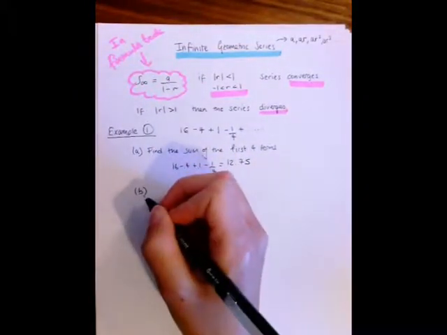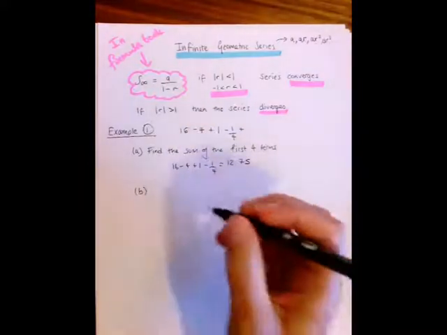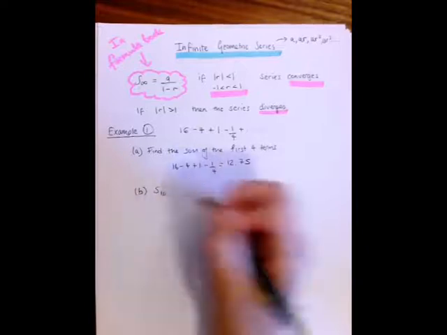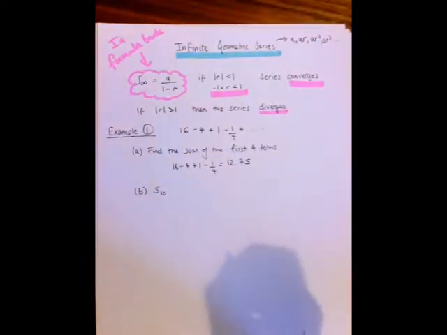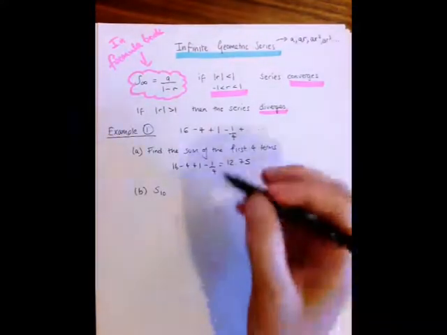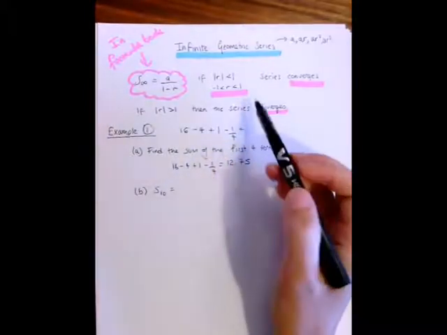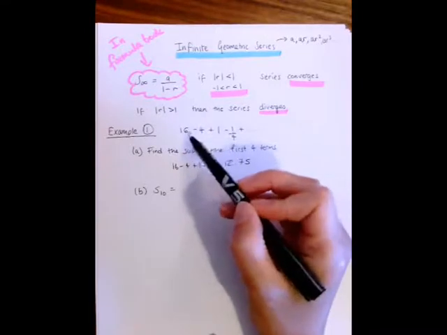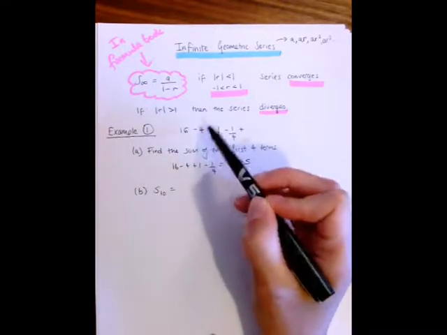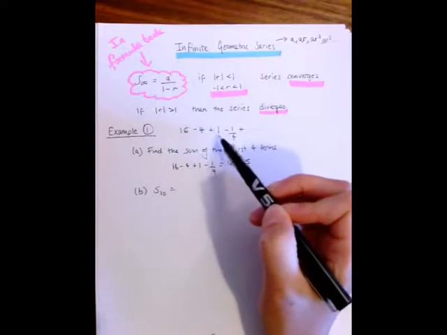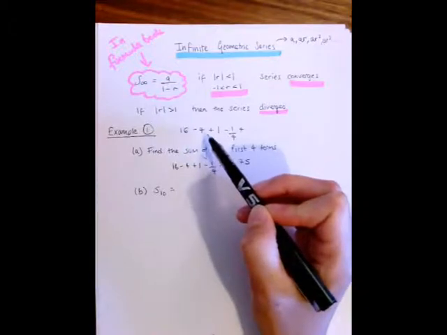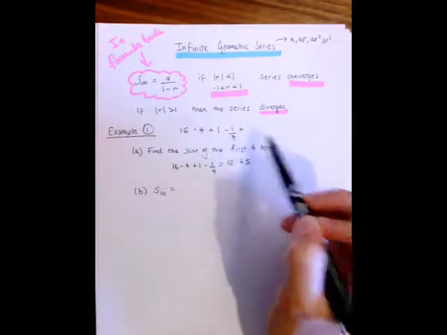Then part B asks you to find the sum of the first 10 terms. That would be S10 if I wrote it shorthand. And this is where you can use the formulas that we used in the last lesson. If we think about our sequence here, to get from 16 to -4 and then -4 to 1, the r must be -1/4, because 16 times -1/4 is -4, -4 times -1/4 is 1, and so on.